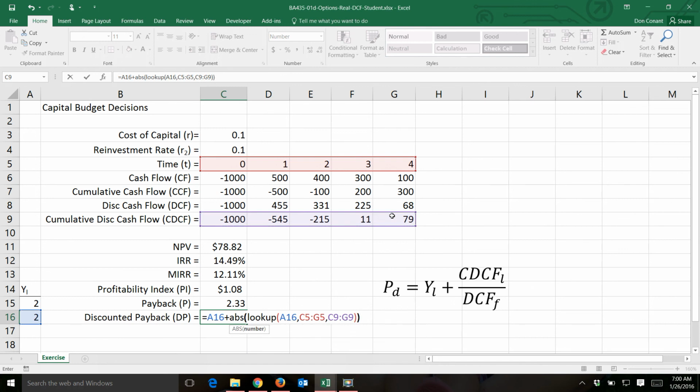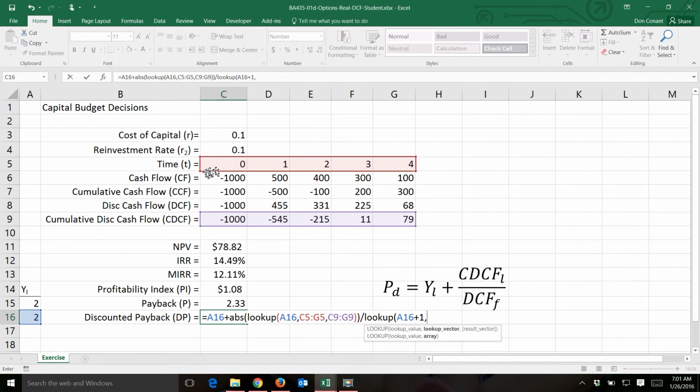So now we have the absolute value of that final negative cash flow, and we'll place that over lookup. We'll take the final year of a negative cash flow, add 1, which will give us the first year of a positive cash flow.